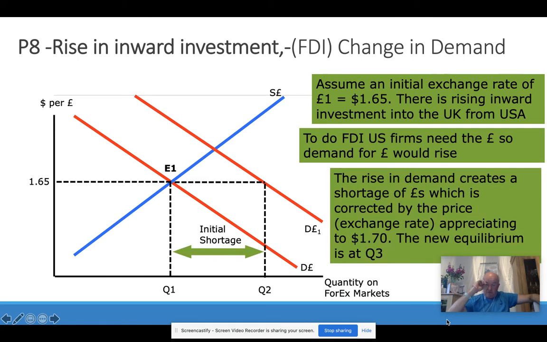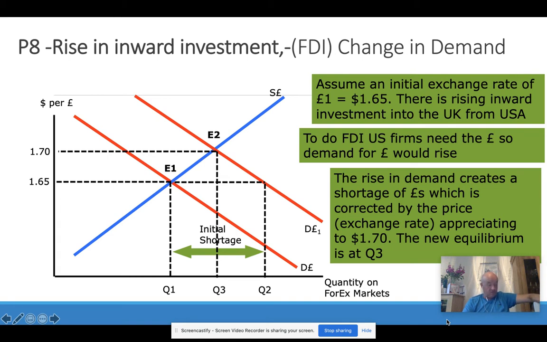Again, the rising demand is going to create a shortage of pounds, and that's going to be corrected by the price mechanism, and that's going to mean that our value is going to change from £1 to $1.65 to £1 to $1.70, and that moves the new equilibrium point to E2. Okay, so those two are essentially diametrically opposed in one sense. Okay, let's look at the third point then.